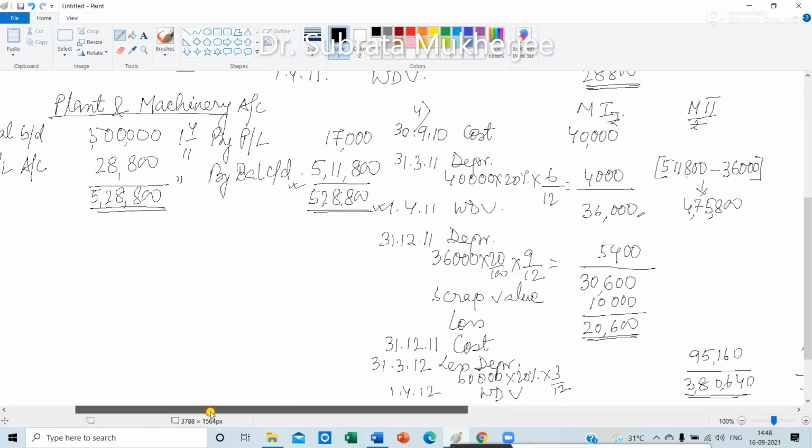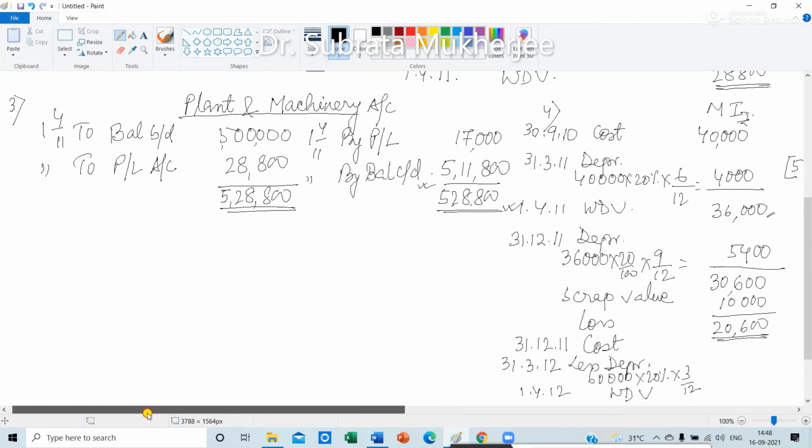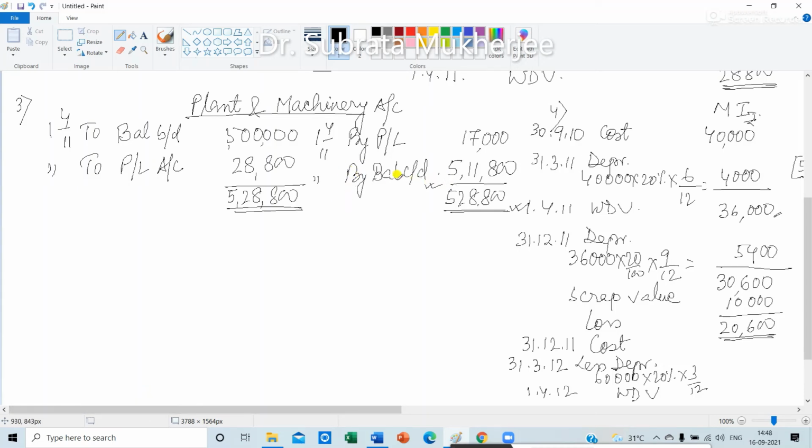So let's come to this ledger of plant and machinery account. I have already calculated the balance on 1st April 2011. The correct figure of plant and machinery was 5,11,800. Now on 31st December 2011, the plant whose cost was 40,000, purchased on 30th September 2010, was sold out for rupees 10,000.